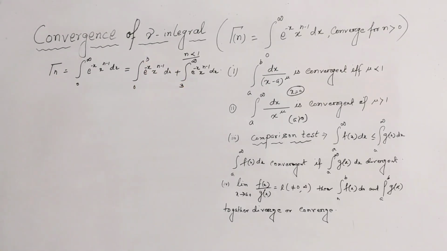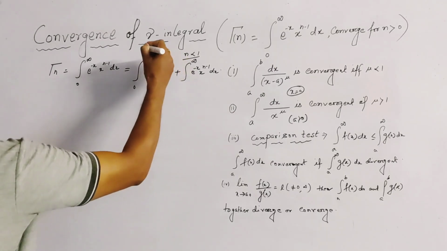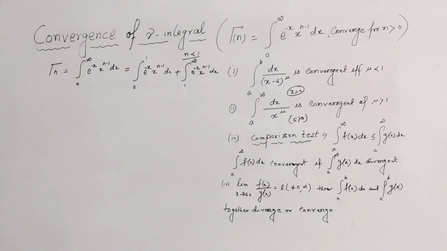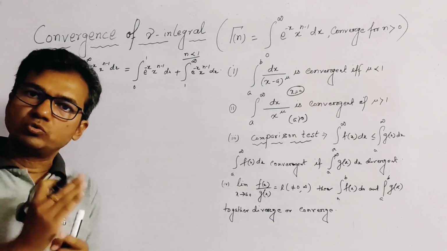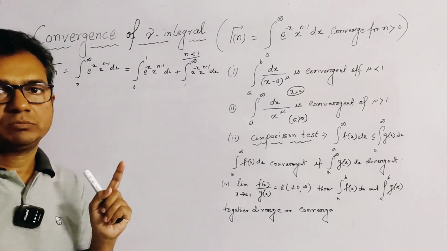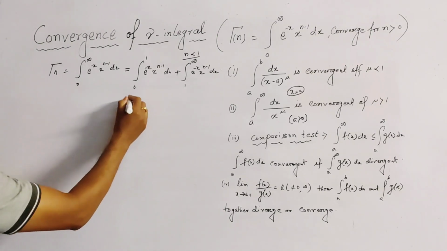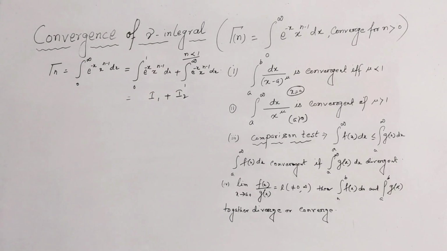The problem is the same, and as usual we write 1 here. The same proof holds for 2, for 3, or for 4, 5, etc. Now we name this integration I1 and this integration I2.